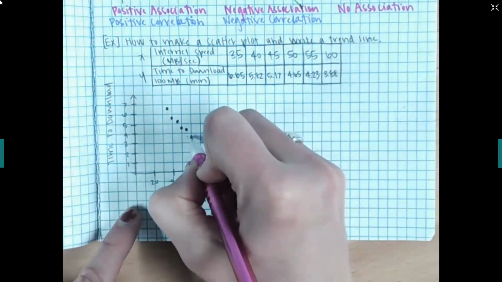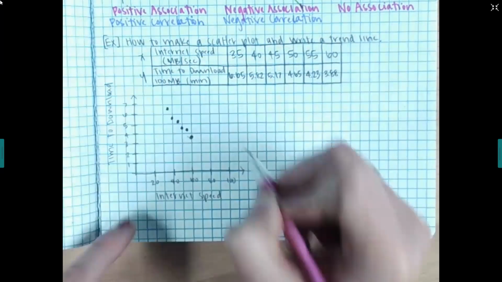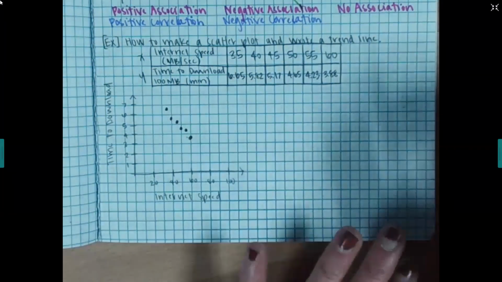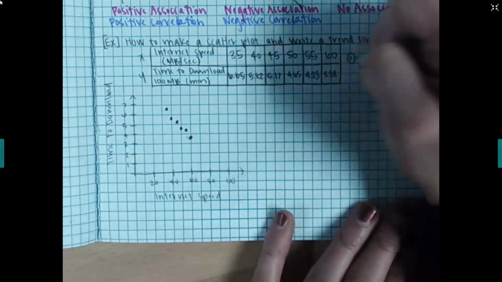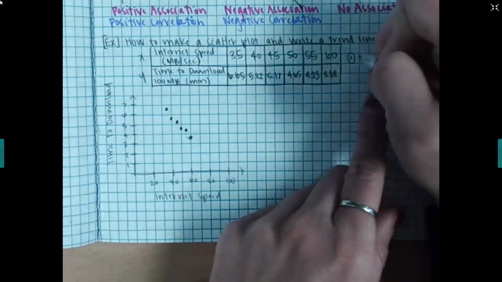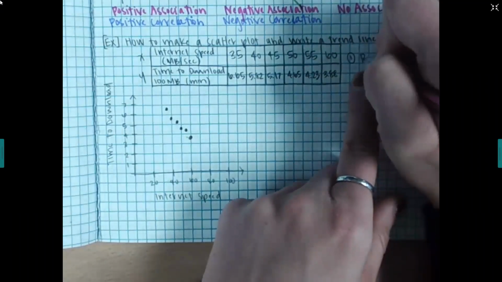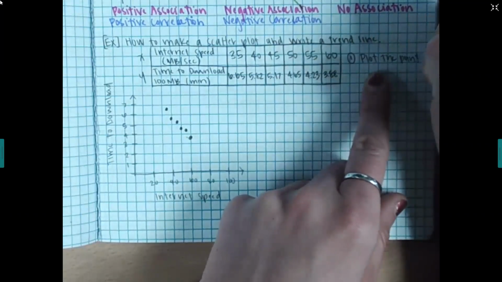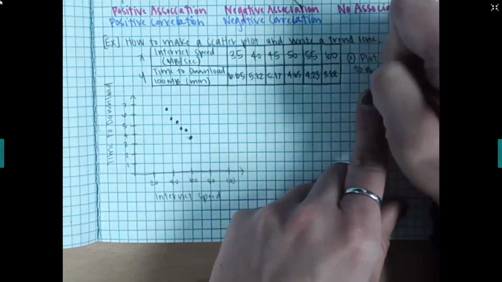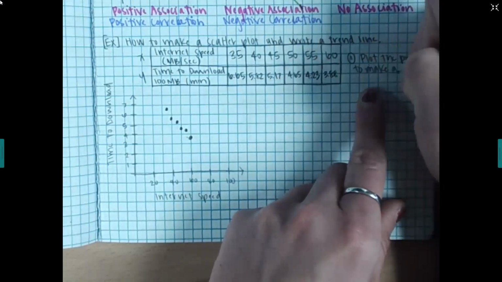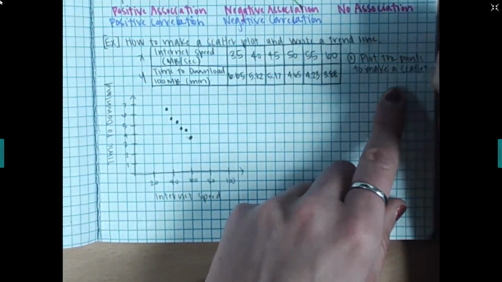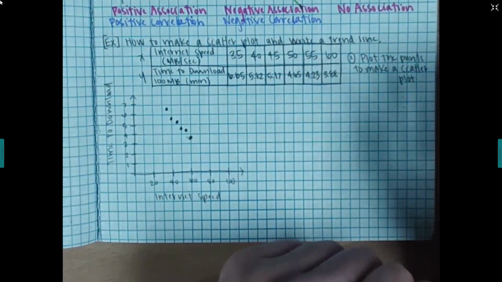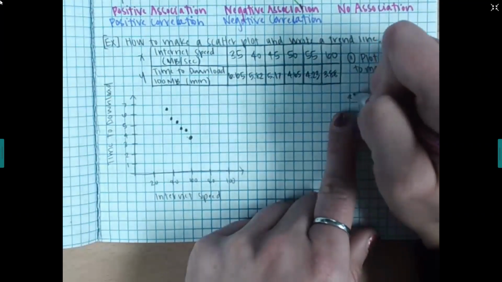They look like they're really close to each other. That's fine. Okay, and I'm going to actually zoom in just a minute. So my first step is to plot the points to make a scatter plot. And then once we do that, we're going to draw our trend line.